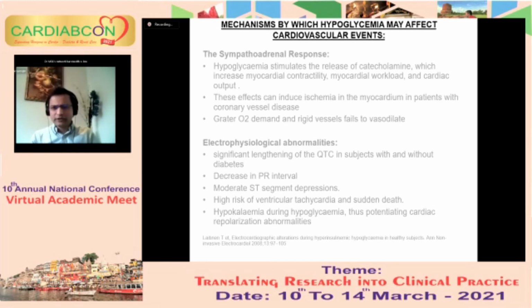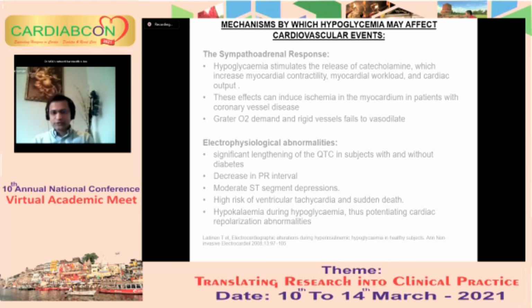There were numerous studies done to look at the electrophysiological abnormalities in these populations, which have shown significant lengthening of the QT interval and increased repolarization, and this is probably the precipitant for cardiac arrhythmias. Changes in the PR interval or ST segments have also been seen, which cause ventricular tachycardia and sudden death.